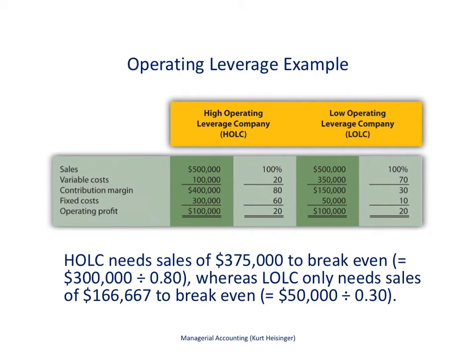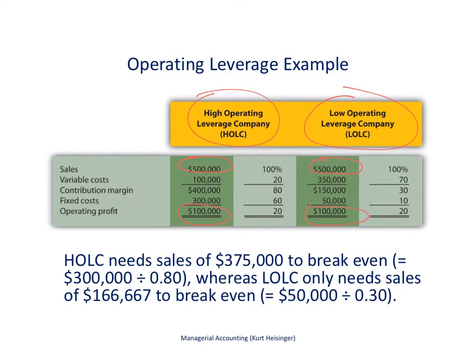Here's an example of two companies, one that has high operating leverage and one that has low operating leverage, meaning one that has a relatively high amount of fixed costs and one that has a relatively low amount of fixed costs. Both companies have identical sales, 500,000, and both companies have identical operating profit, 100,000.